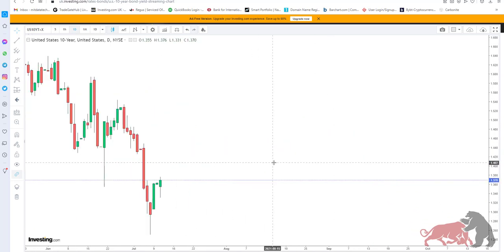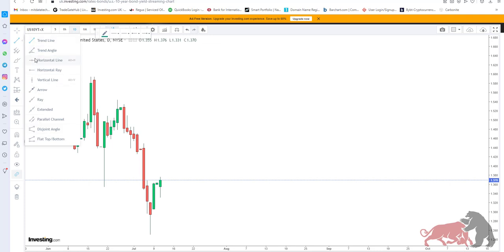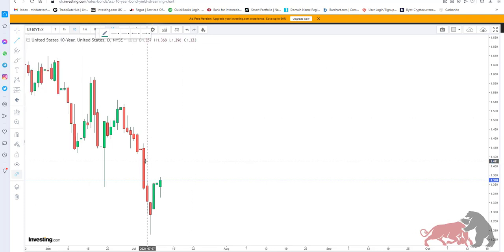Now, when you look at this chart for the 10-year yields, what do you see? You can clearly see we've got, let me just grab my trend line too. We've got this fair value gap here on the 10-year yields, right? So this is today's high.